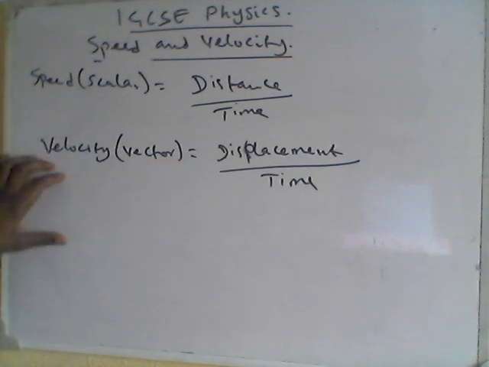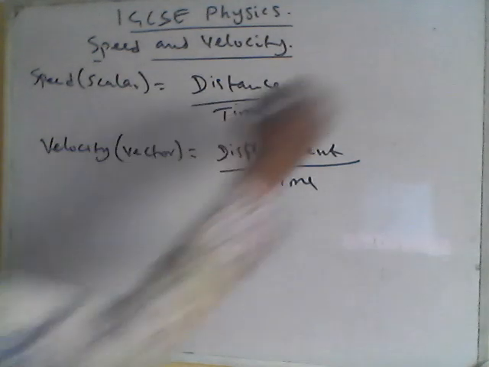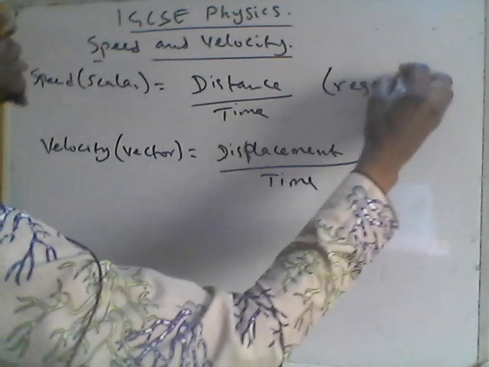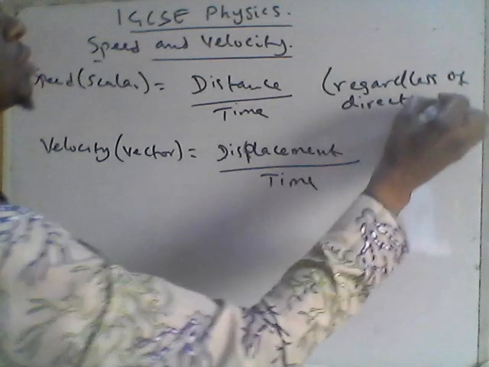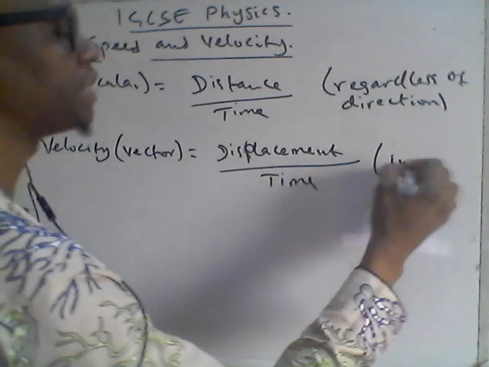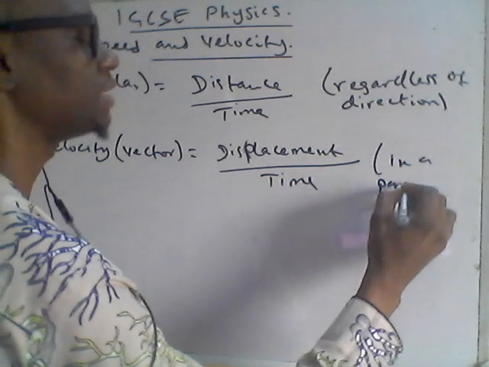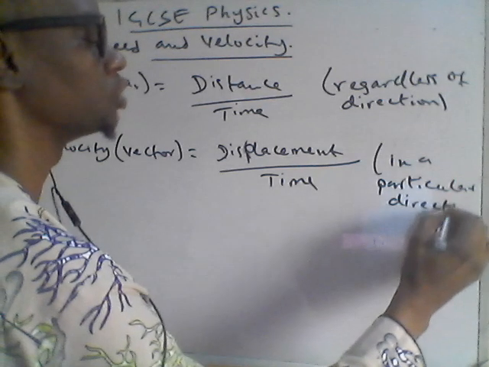Sorry, again, if an object returns to its starting point, average speed is not 0, please, because we said this one is regardless of direction, and this one moves in a particular direction. Okay, so that's the difference, right?